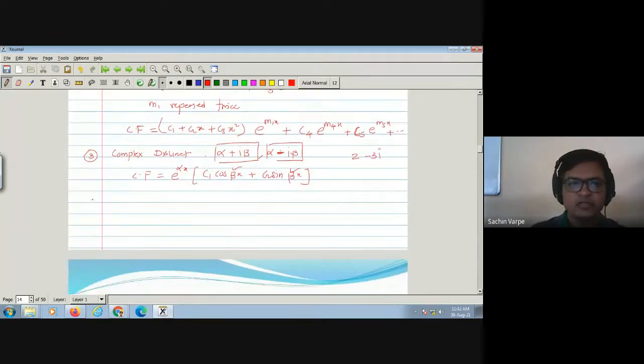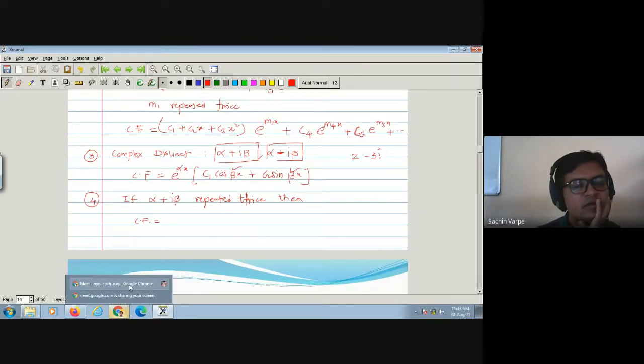And if the complex roots are repeated, suppose alpha plus i beta is repeated thrice, then what will be the complementary function? Someone please tell me. What will the complementary function be? It is equal to, any one of you?